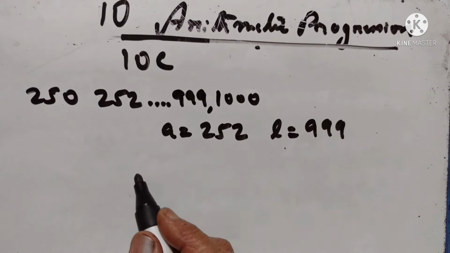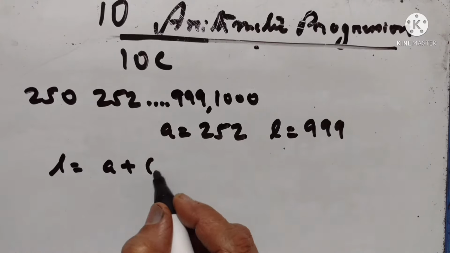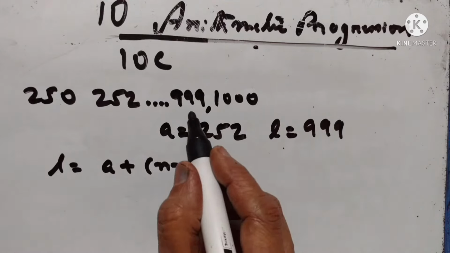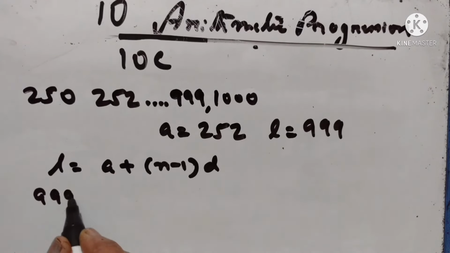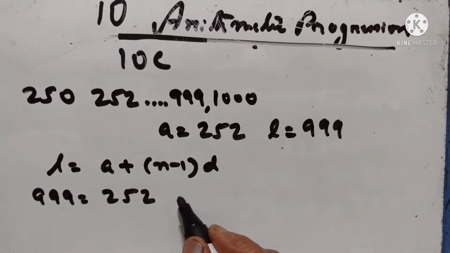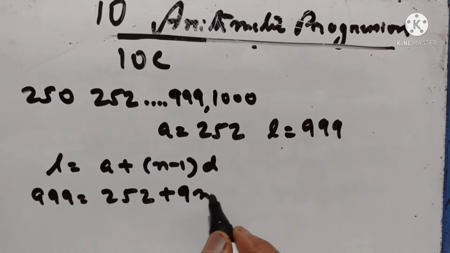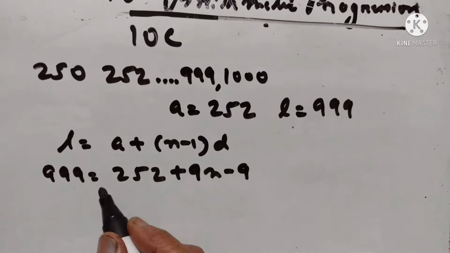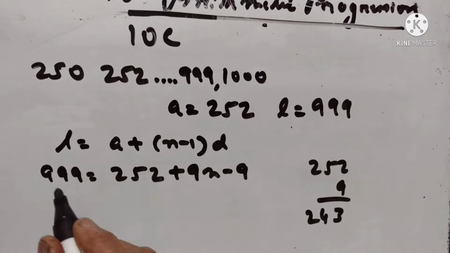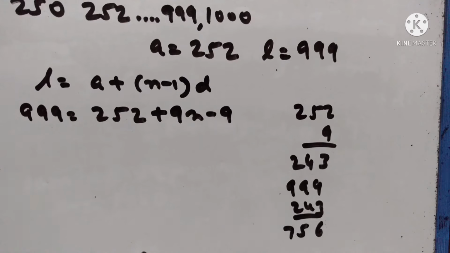So what can we do now? L is equal to A plus (N minus 1) D. L is 999, A is equal to 252, N minus 1 D. D is equal to 9. 9N minus 9. 252 minus 9 is equal to what? 243. 999 minus 243 is 756.